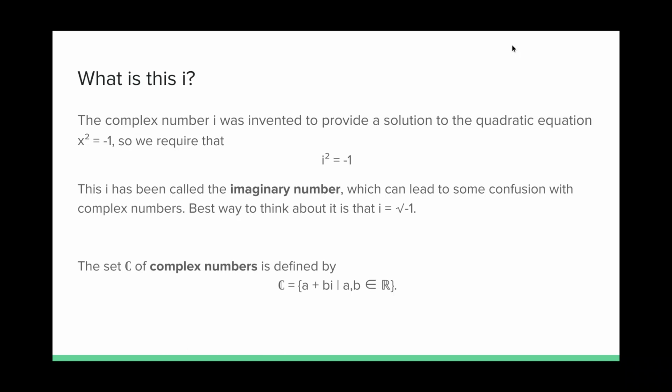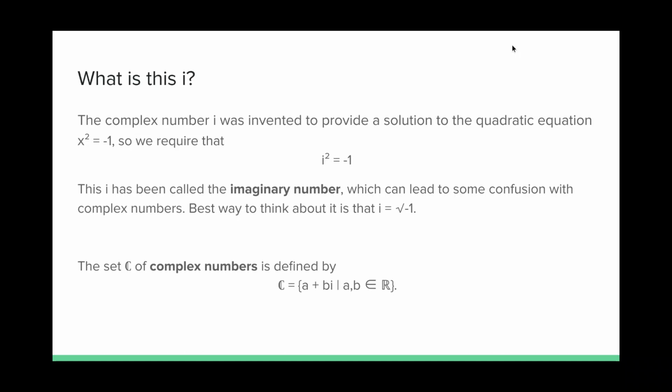This i has been called the imaginary number, which can lead to some confusion, but the best way to think about it is that it's the square root of minus 1. Then in your questions you can use it as i, and when you square it you just get minus 1, so it becomes quite a nice number to deal with.